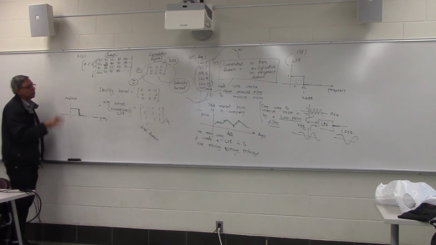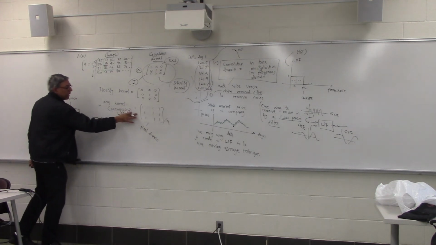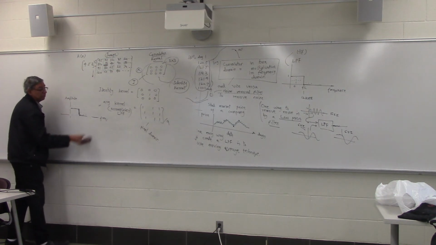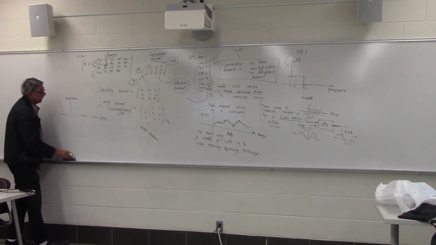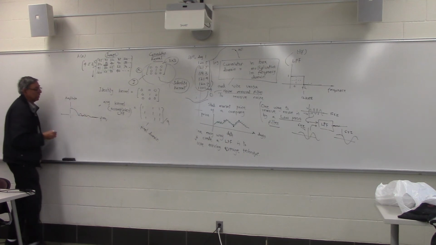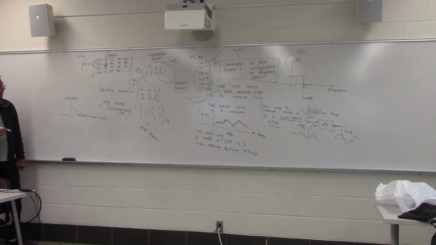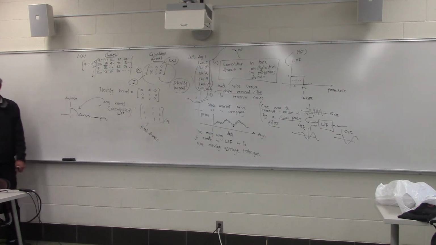If you can take my word for it, if I did the 2D Fourier transform and tried to visualize it, it will look something like this, and then gradually goes to 0. So this is basically the kernel filter's frequency behavior.